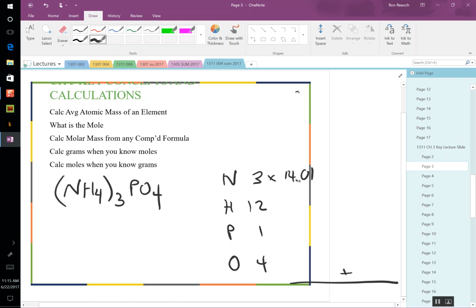Okay, and so now to get your molar mass, you're getting these numbers off the periodic table. Those are the average atomic mass of these elements. So what would that be? 30, 42, what is that? 42.03. This is 64.